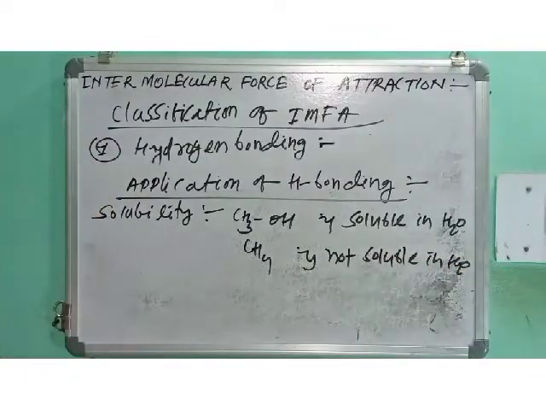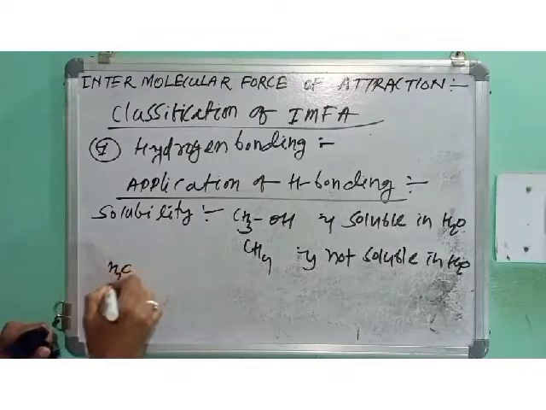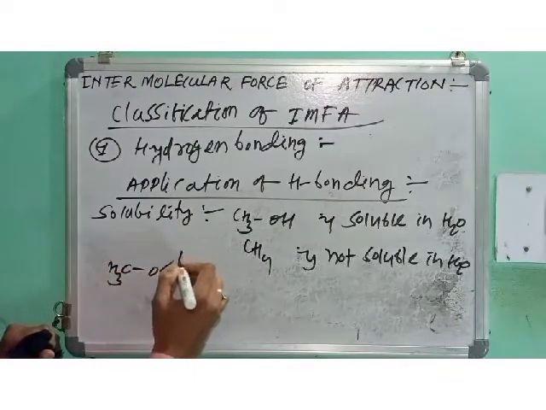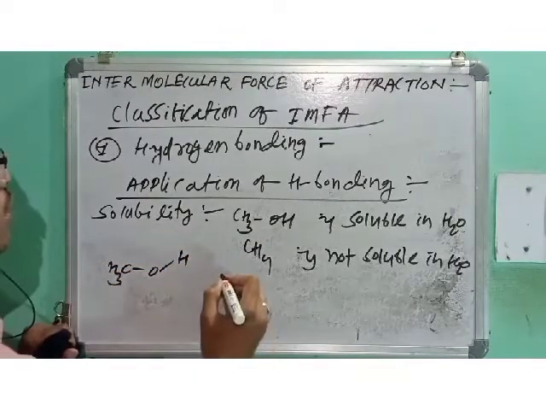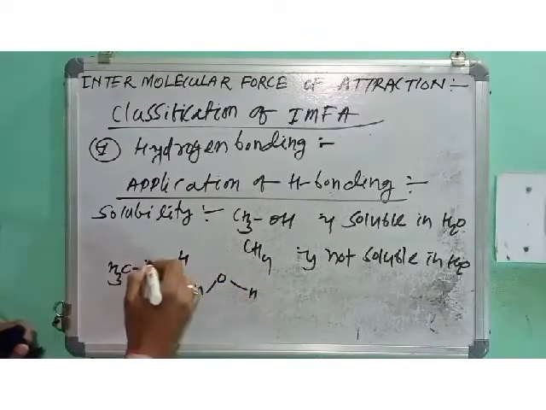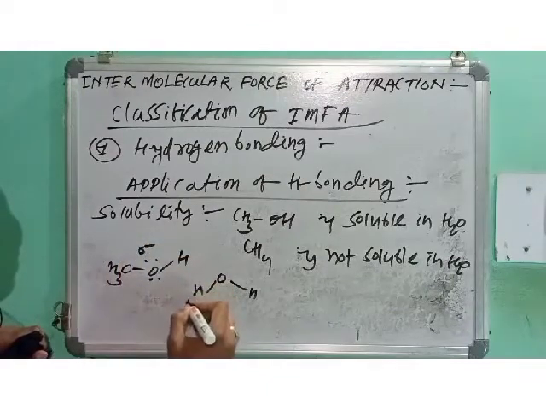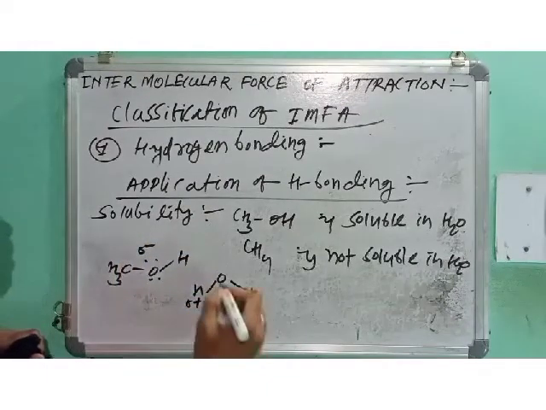How can you explain this? By the structure of methyl alcohol, and another molecule we take, water. Here, oxygen is the more electronegative atom, delta negative, and this hydrogen is electron deficient.